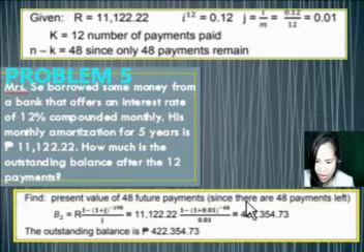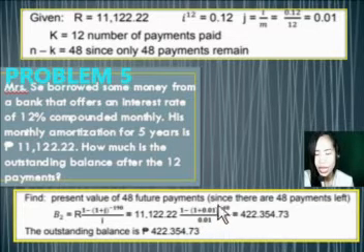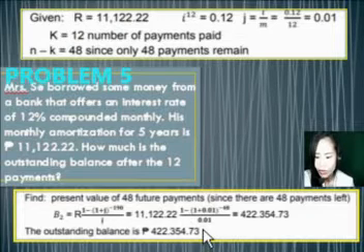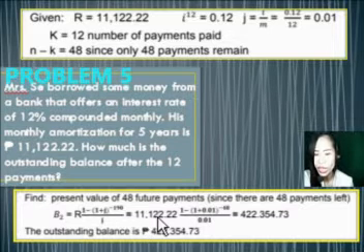Simplifying this, you start with the parentheses. After you simplify within the parentheses, you raise it to the power of negative 48 and subtract it from 1. After subtracting, you divide by 0.01 and multiply by 11,122.22.